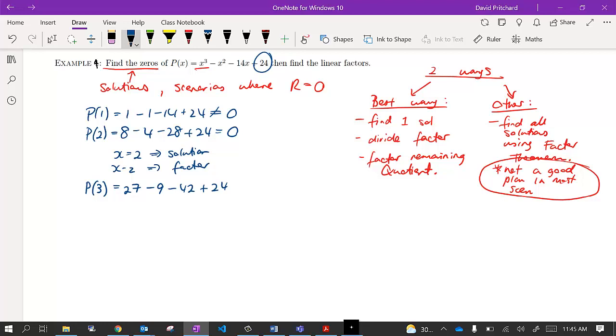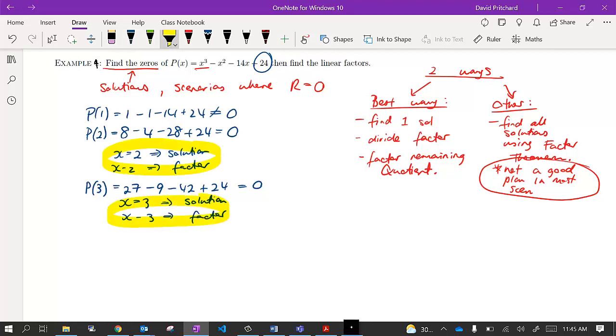So we've got 51 and 51, so it does equal 0. So that means that x equals 3 is a solution, and x take 3 is a factor. So now we've got 2 out of the 3. Now we could play around all day. I know that the other one is -4. So if we put in -4, then we also end up with 0.